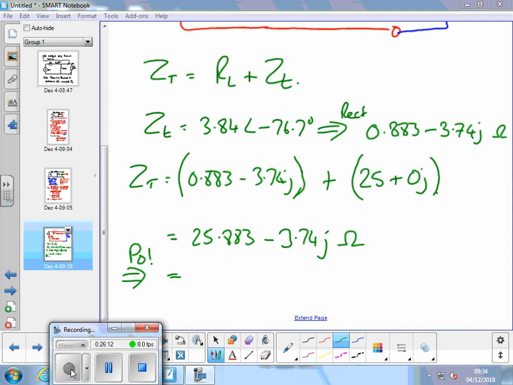Not AC Norton's, no. Could be DC Norton's, but not AC. Only what I've covered in class will I expect you to do in the exam. You would normally expect to be able to apply it, but if I haven't done the example in class, I won't put it. Alright, so converting that to polar.